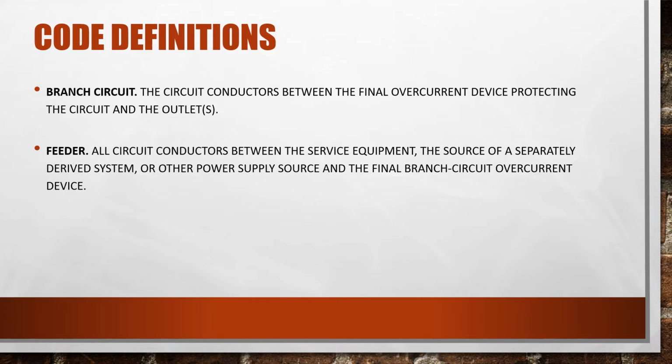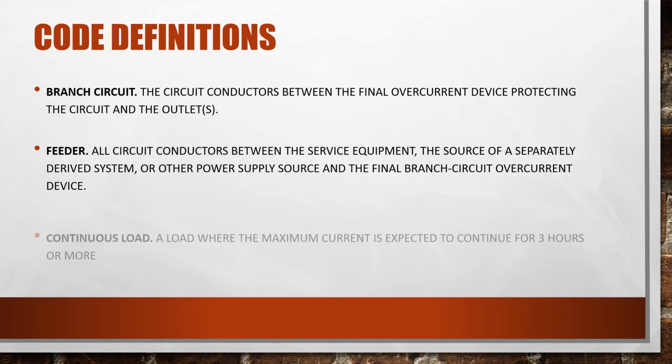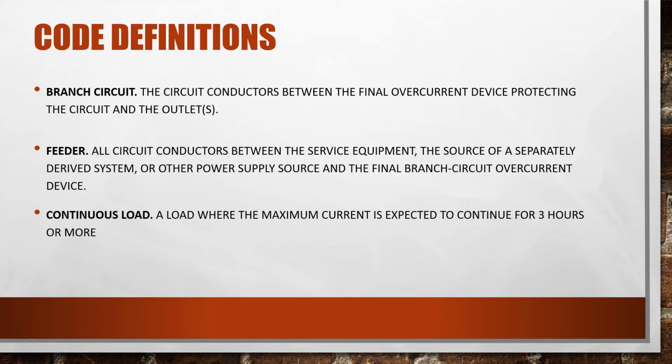A feeder is all circuit conductors between the service equipment, or a source of a separately derived system or other power supply source, and the final branch circuit overcurrent device. So this is our feeder. And what does continuous load mean? It is a load where the maximum current is expected to continue for 3 hours. If it is less than 3 hours, we can consider it a non-continuous load.